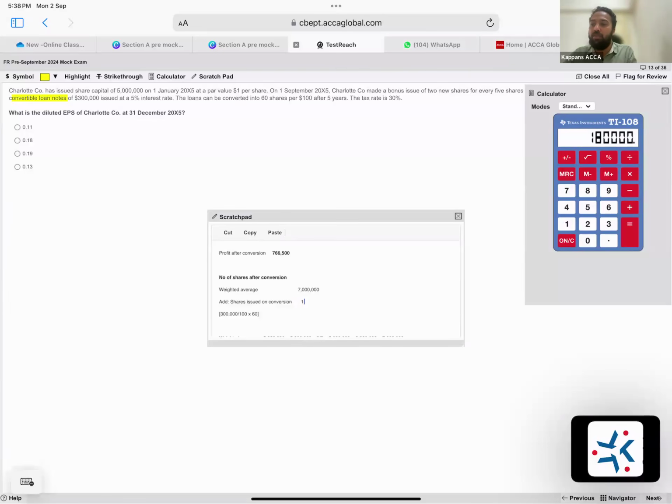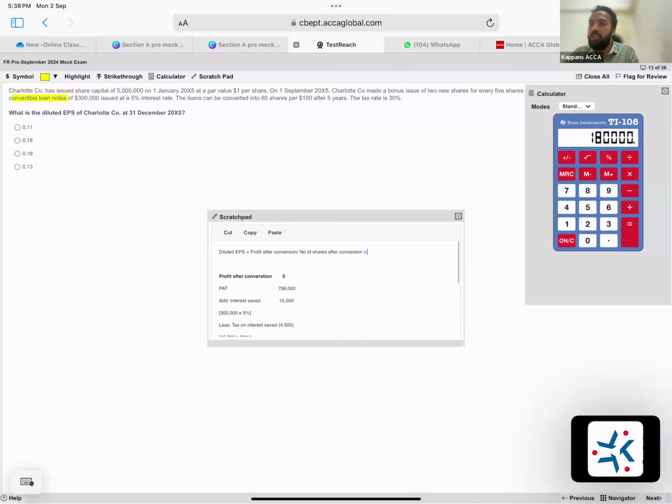So shares issued for consideration is equal to 180,000. So shares issued on conversion. So total number of shares after conversion is equal to 7,180,000.